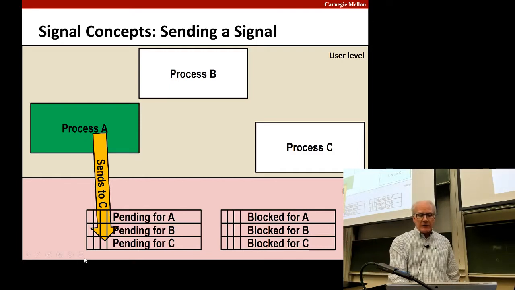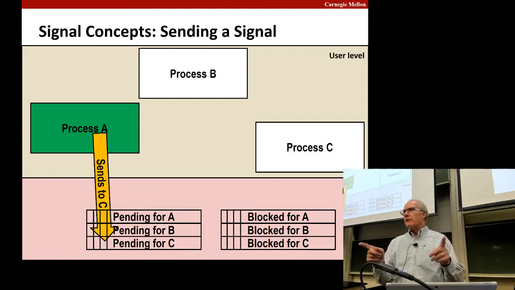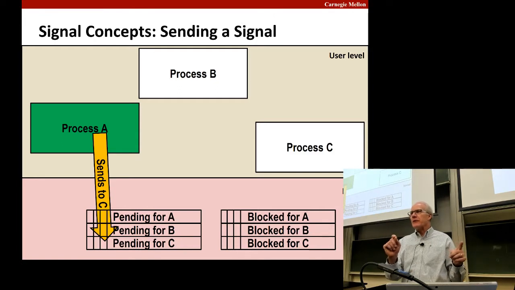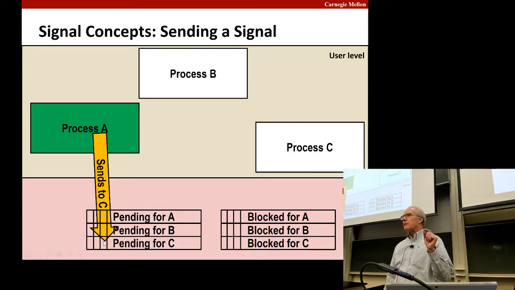And now C has a little set of Boolean flags, with about 30 different signals. It has a bit vector corresponding to a 32-bit int word that is set to 1 if there's a signal of that type pending for this process, and 0 if there isn't. So sending a signal means the operating system just sets the 1-bit field for that particular signal number for this particular process.